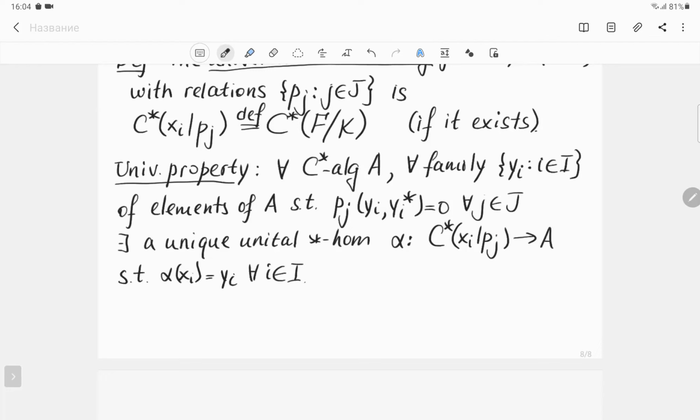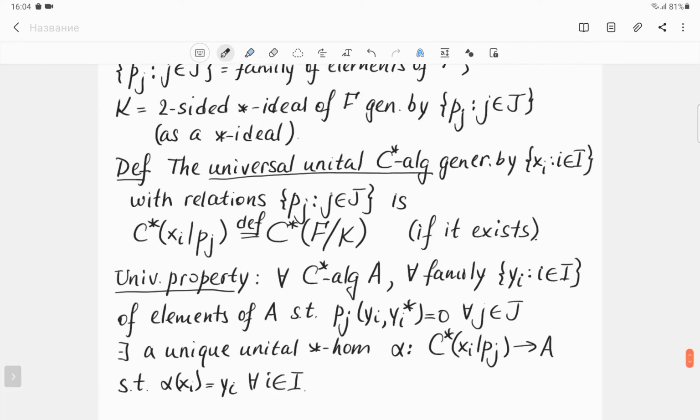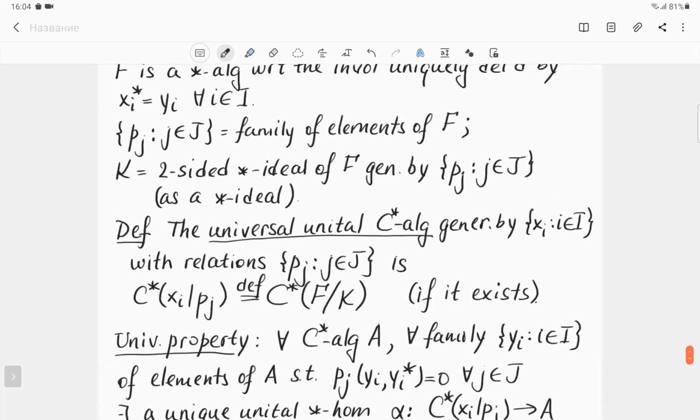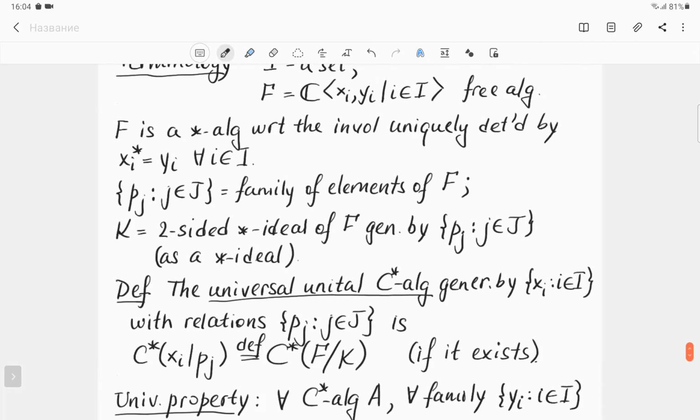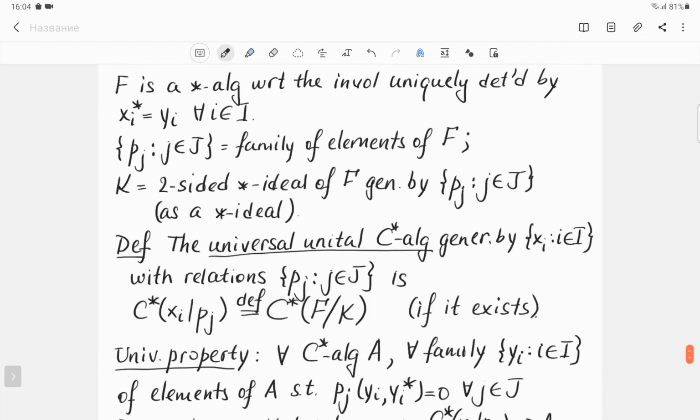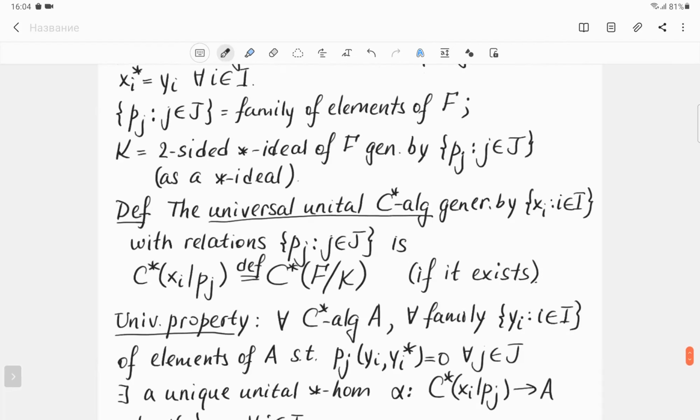Well, this property is almost immediate from the definition, because first of all, we define our homomorphism on the free algebra, because it is free. So we can send the generators xi to our family, and xi star will go to yi star, and we get a star homomorphism from F to A. This homomorphism vanishes on the ideal K because of this condition.